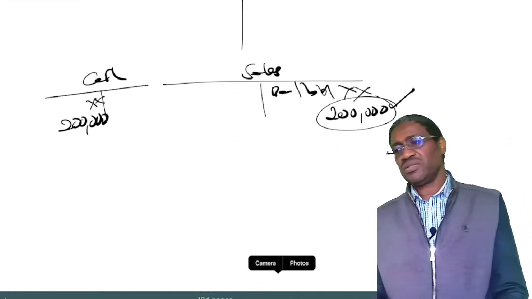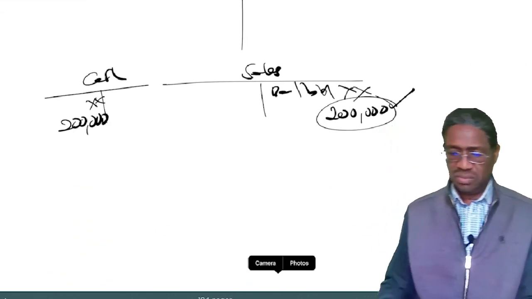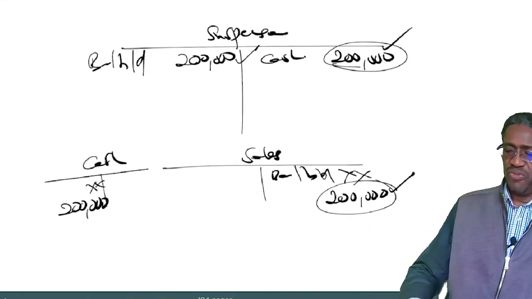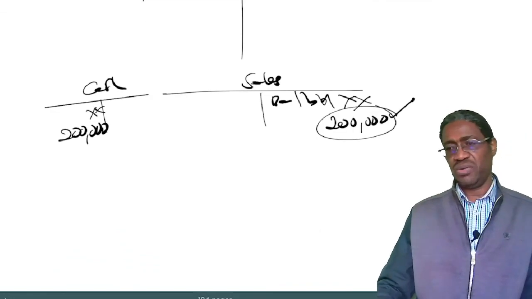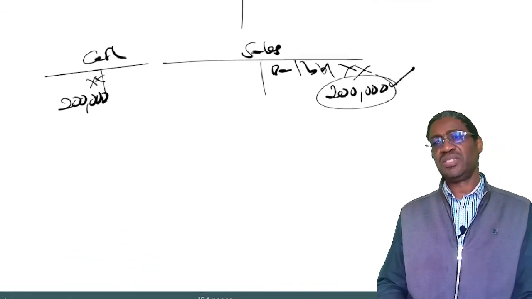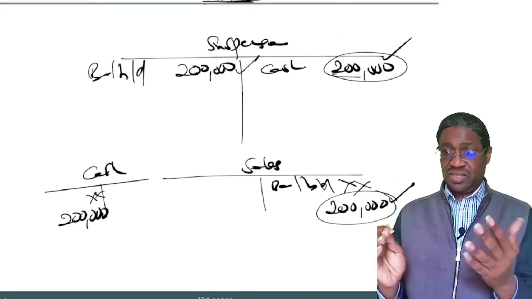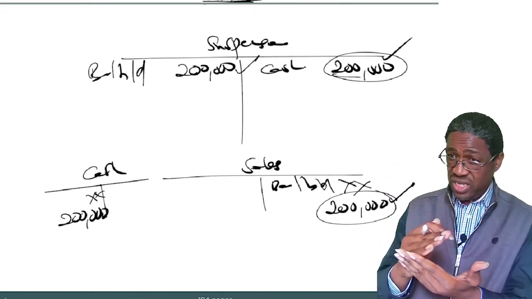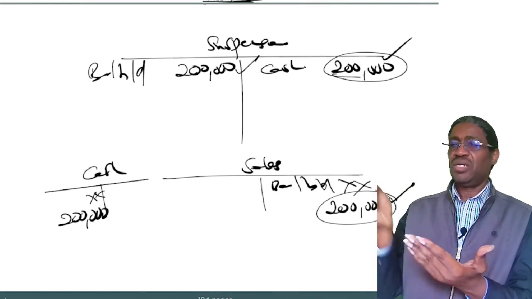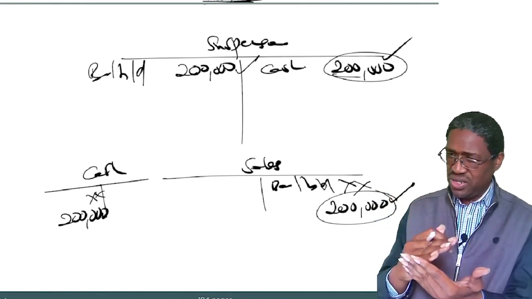One more thing before we do a complete example now. Listen carefully. You normally post the entries in the accounts. Once you post the entries, you normally balance those accounts.